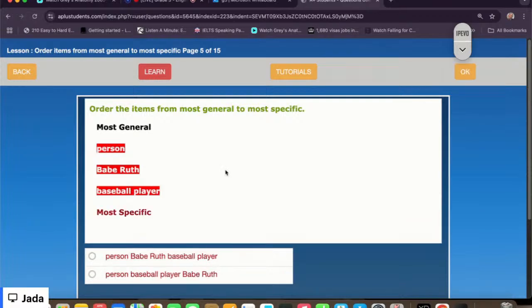So we have pitching, Babe Ruth, and baseball player. What's the right order for this?